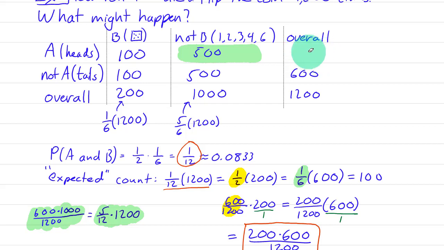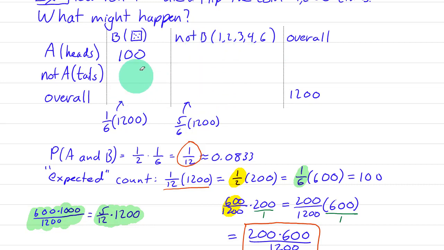Something that's more likely to happen is you might get 585 heads and 615 tails, and instead of getting 200 of these, you might get 212, and then 988. Given that, you could still find the expected thing that would go in here.